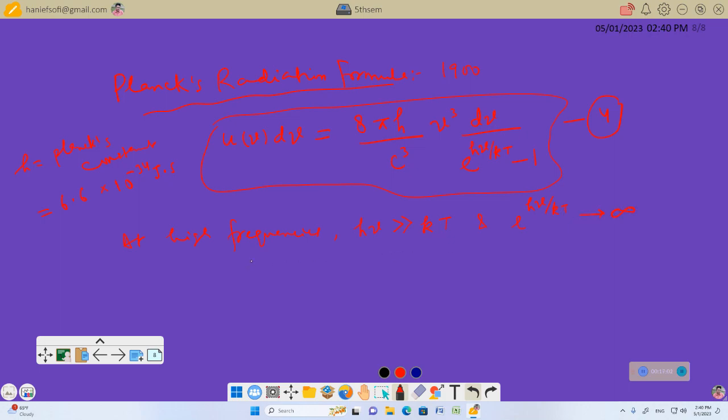Understand this point? At high frequencies, h nu is much greater than kT, and therefore e raised to the power h nu by kT will approach infinity.